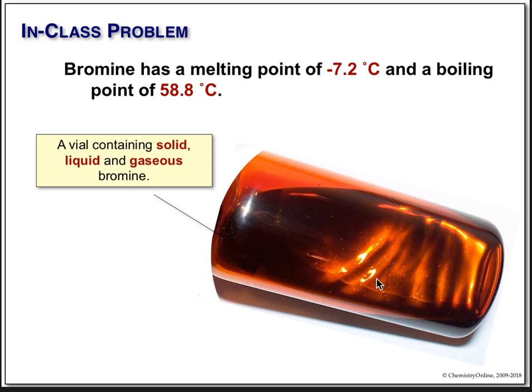This is a vial that was frozen. This is solid bromine down here. It started to melt, that's the brown liquid, and it gives off a gas, that's the gas filling the top of the vial here. Very toxic sort of stuff. All right, melting point is minus 7, boiling point of 58.